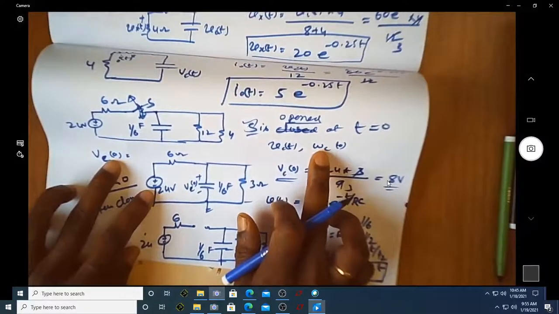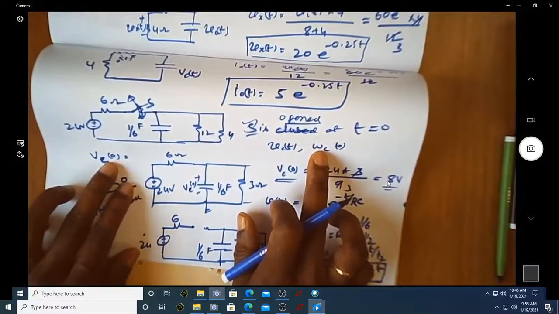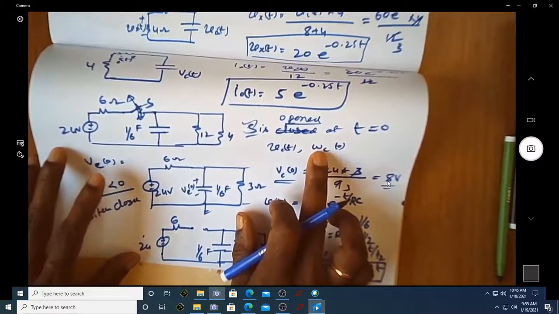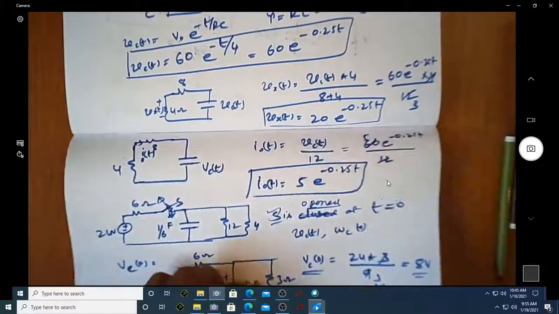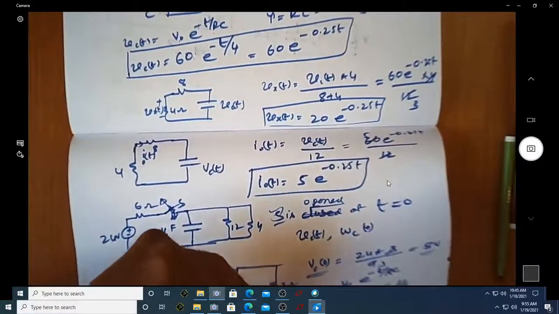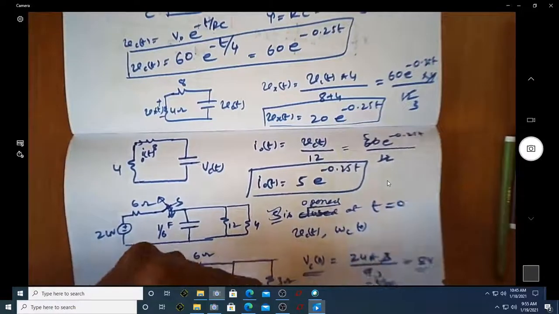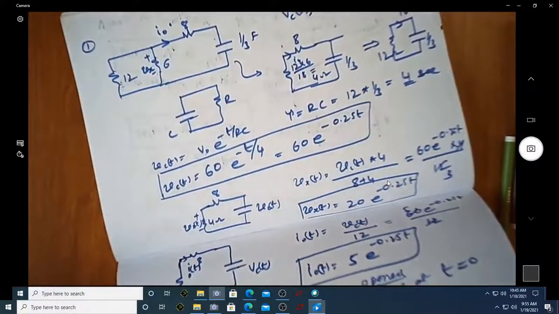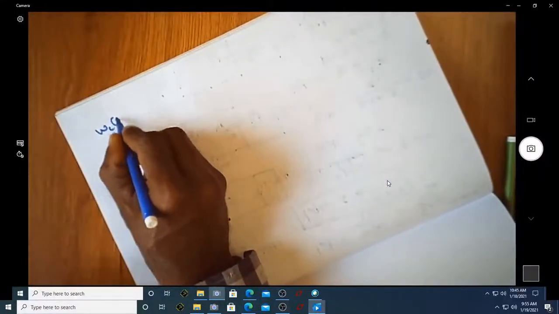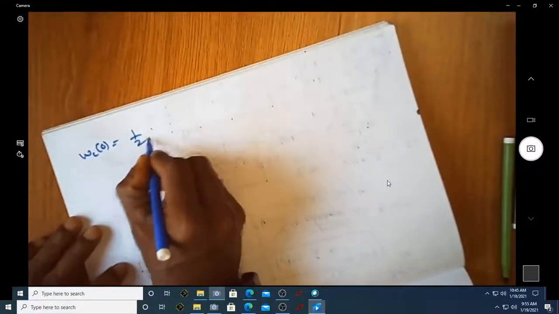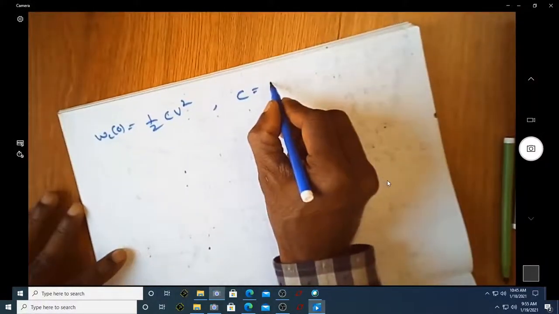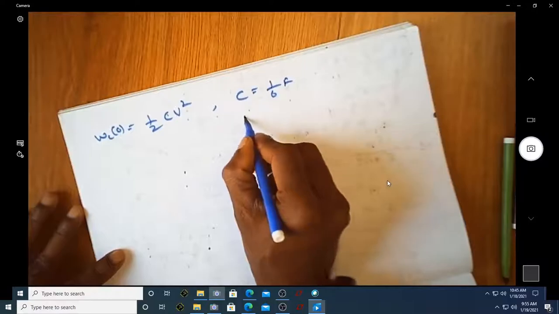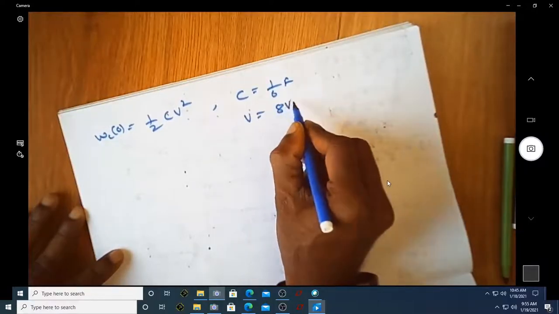Of course we can find the value of energy that is stored in this capacitor, which is given by the expression. Let me just write it. Energy at t equal to 0 is nothing but half CV square. I know the value of C as 1 over 6 farad. I know the value of V, which is equal to 8 volt.